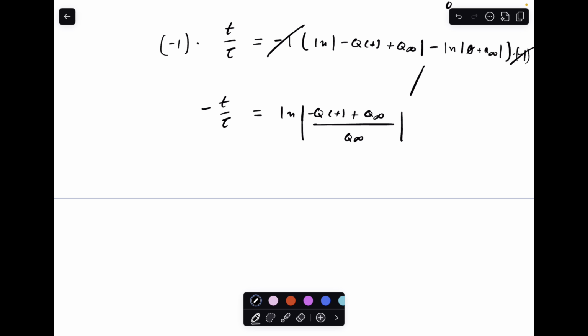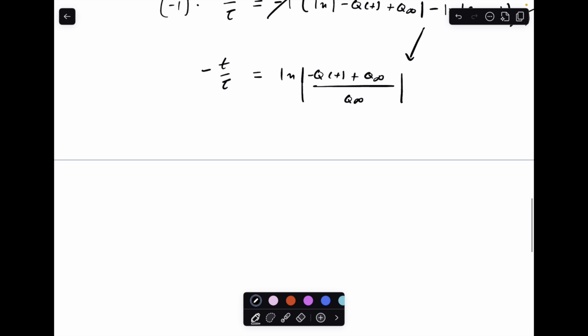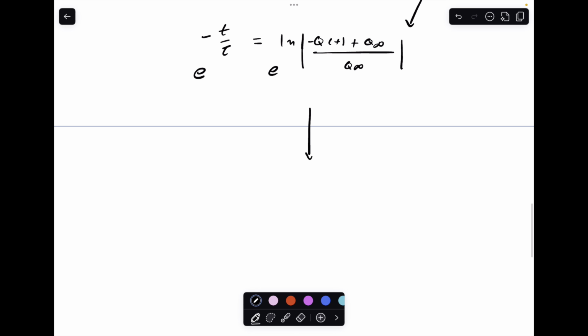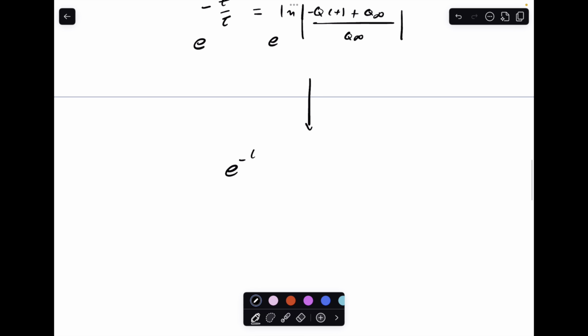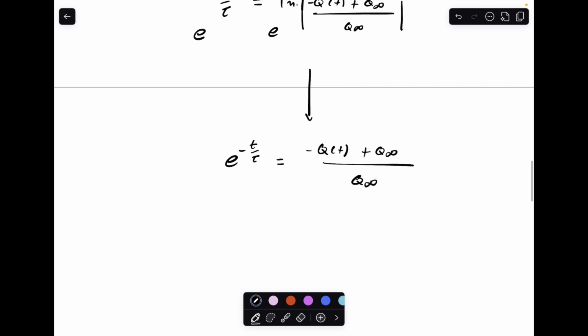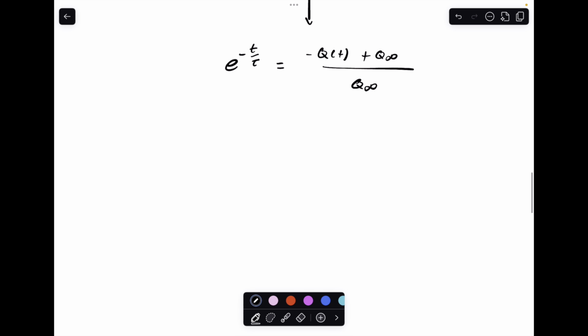That's what I just did here to get to here. And now, in order to cancel that ln, I'll raise both sides to e, like I did earlier, and I'll get e to the negative t over tau is equal to negative q of t plus q infinity divided by q infinity, correct?